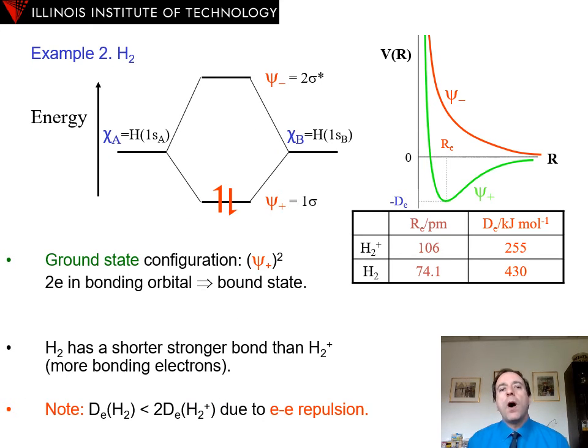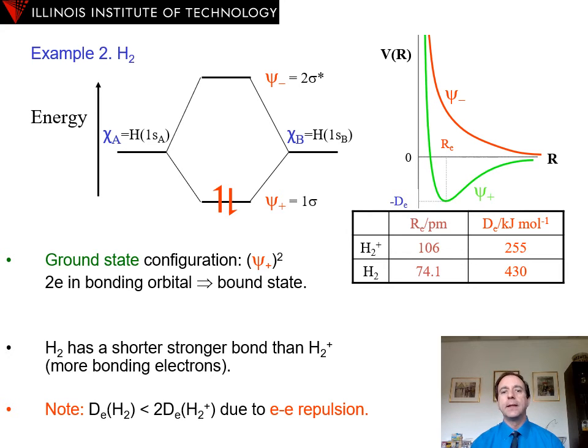So what happens if we go on and look at regular diatomic hydrogen? This has 2 electrons in it. Here we're only going to consider the ground state, the bonding orbital. In the ground state, we have 2 electrons in the psi plus bonding orbital.